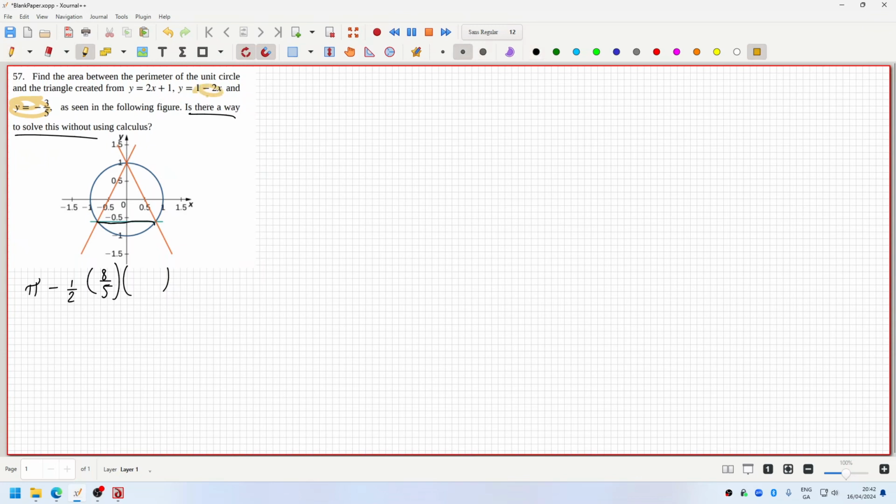We'll go with the one on the right. 1 minus 2x equals minus 3/5. So x equals 4/5. So the area is pi minus 16 over 25.